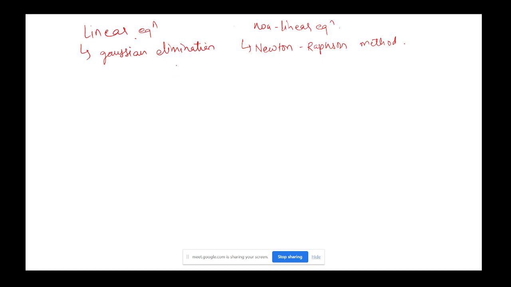For both these approaches, the equations can range from 2 in number to thousands or lakhs. You just need to develop a code, and you can use MATLAB or some free software, even Python.